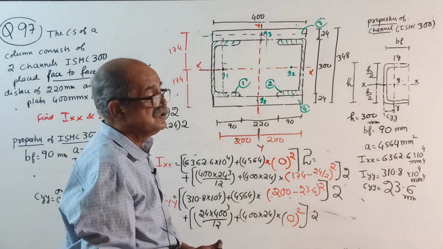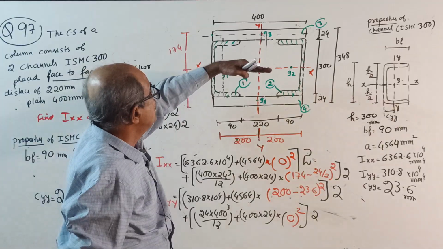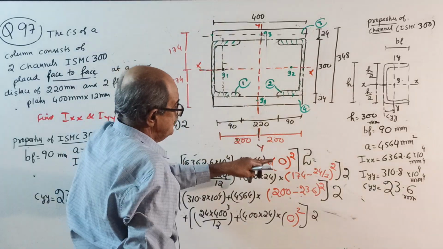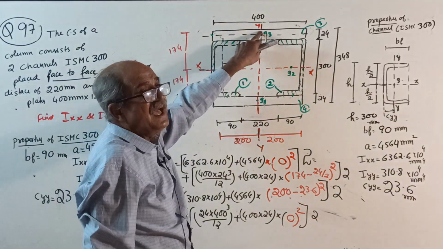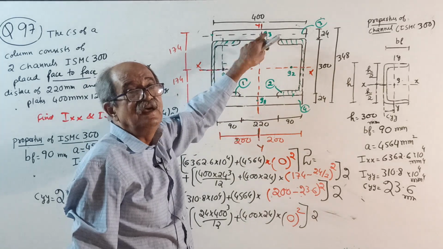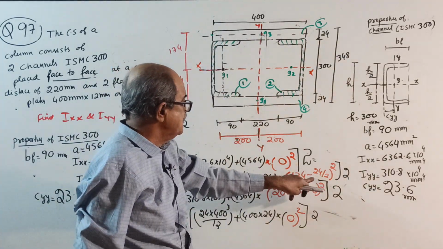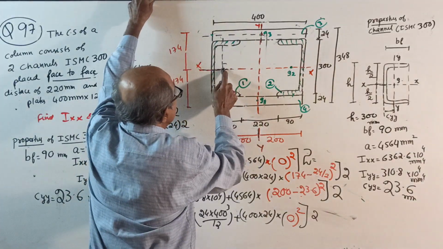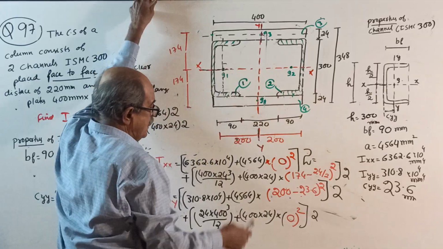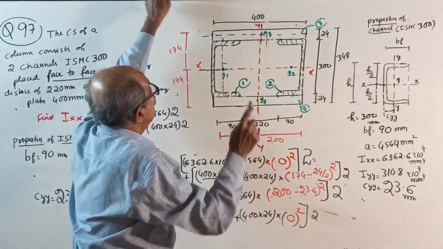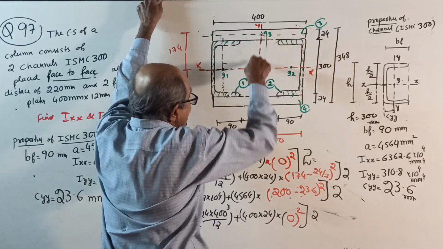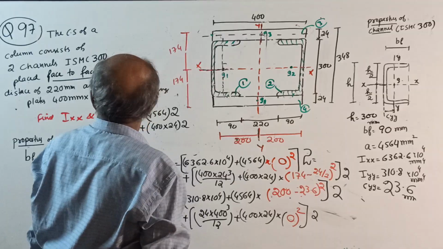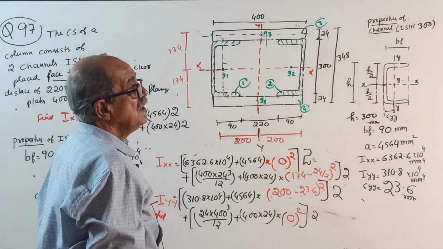So once again, when you do I about XX, channel centroid lies in axis, 0 square, but rectangle plate centroid lies outside XX, distance square is there. When you do I about YY, channel centroid lies outside YY, distance square is there, but plate centroid lies in YY, 0 square.